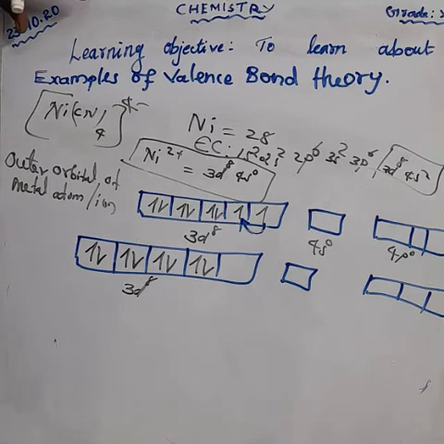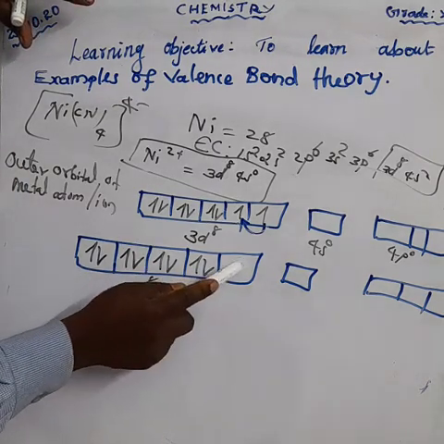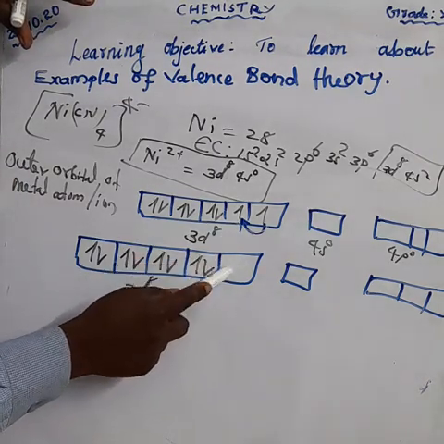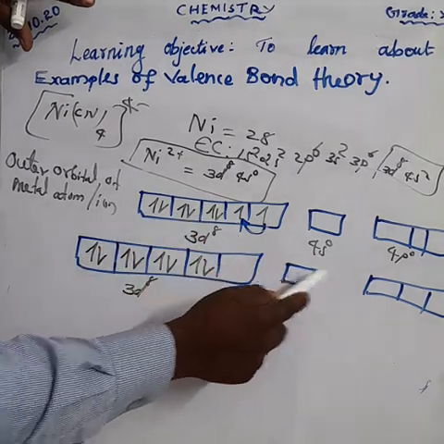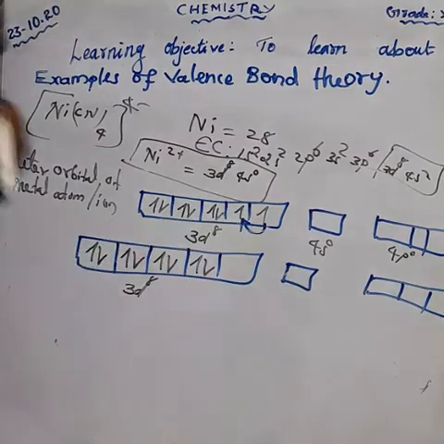Anyhow, from the d subshell we have a vacancy, so hybridization starts here. The d subshell has 1 vacancy. Next the 4s, next the 4p. Am I right?